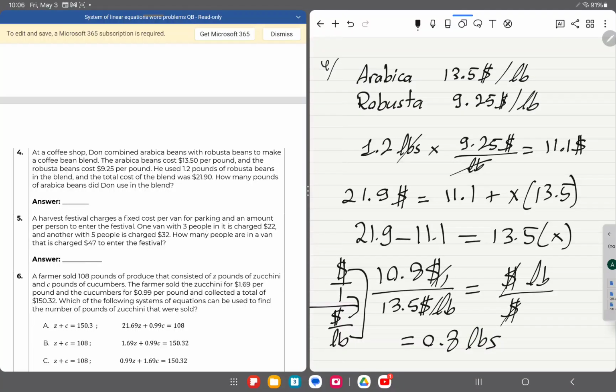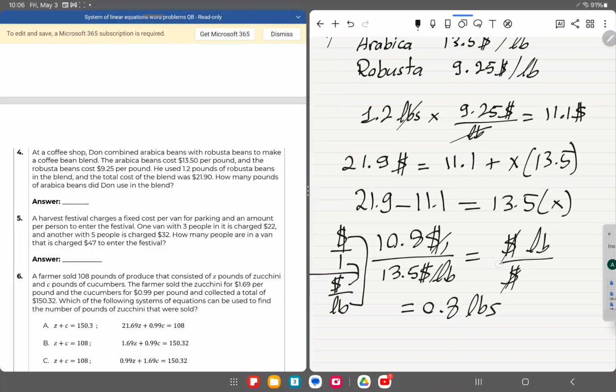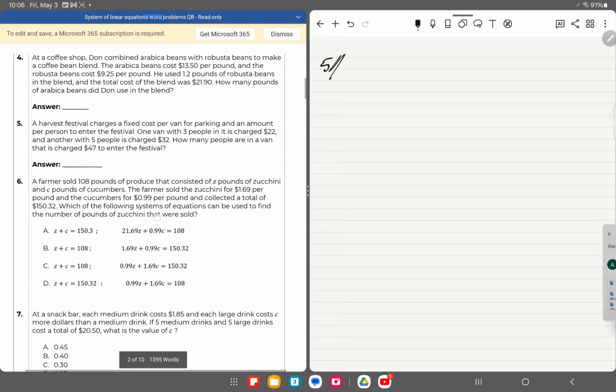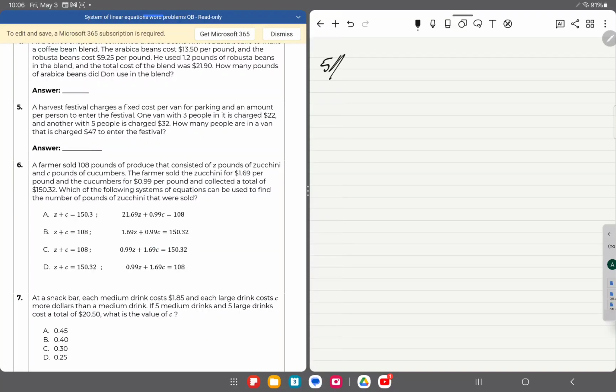So this is the answer to number 4. Okay, let us go to number 5. The Harvest Festival charges a fixed cost per van for parking and an amount per person to enter the festival.